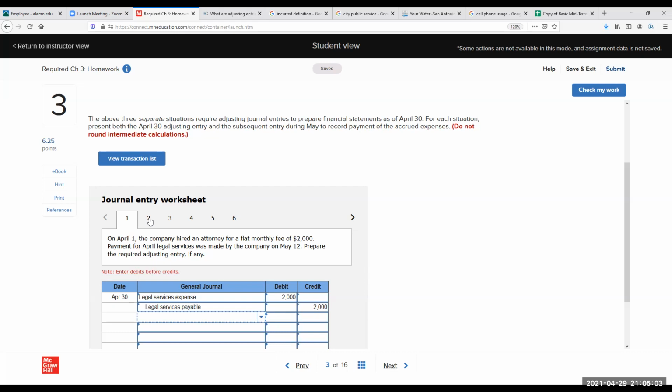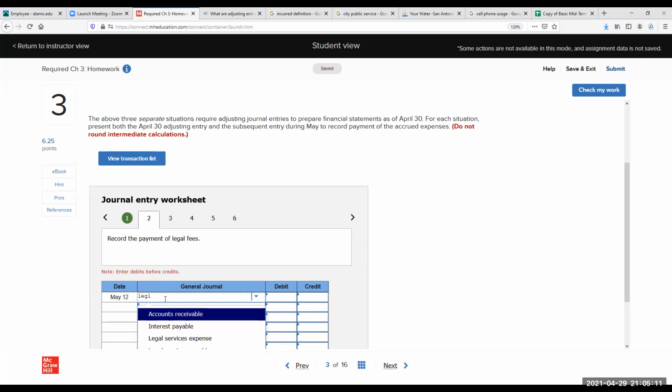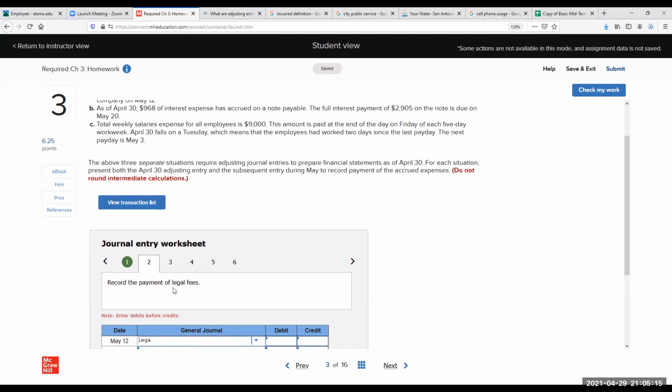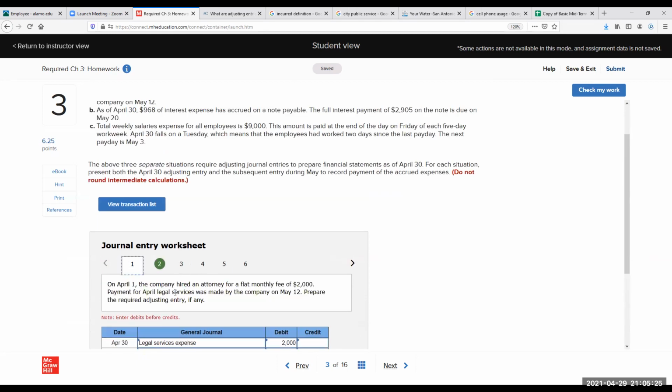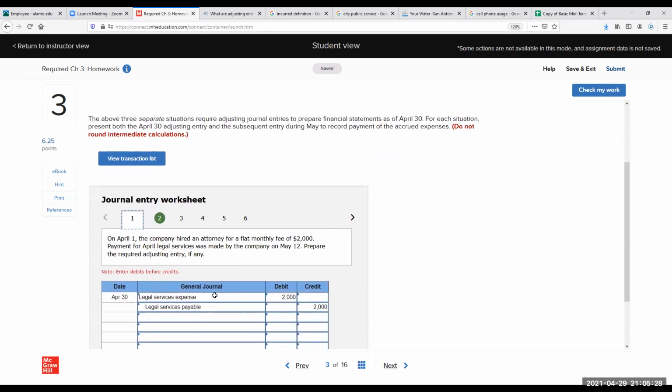Remember, you record the transactions to properly reflect what's happening in your organization. Record the payment. Well, the payment is legal services payable goes down in cash. So 2000. So, but over here, you put the expense into April, but even though you pay them in May, you want the expense to go in April.